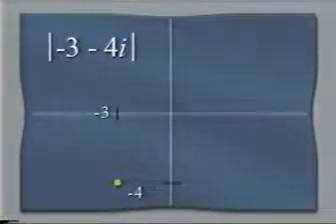And we have the absolute value, for example, of -3 minus 4i would be the point, the -3, -4, which is the representation in the complex plane for -3 minus 4i, the distance from that point to the origin.